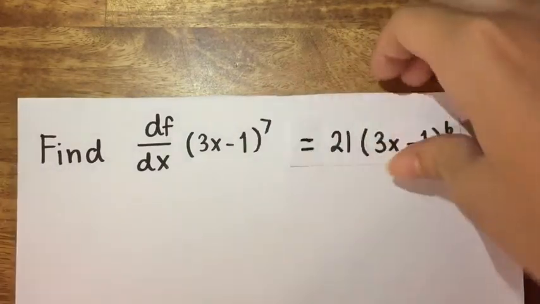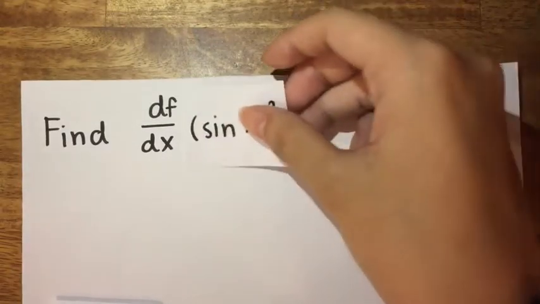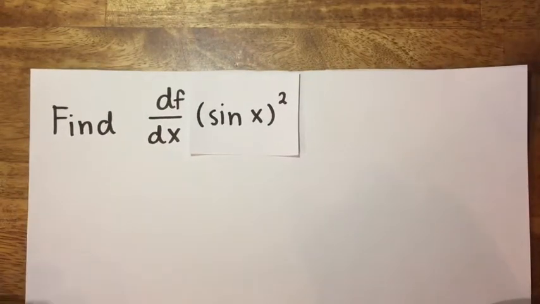Now, let's try something a little bit harder. So, I'm going to use this question. Find the derivative of sine of x to the power of 2 all to the power of 2. The same thing as we did in the last question. If you want to pause the video and try it out, you can. I'll just give you the answer right now.